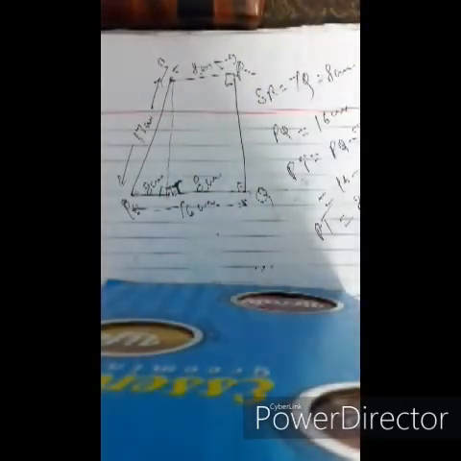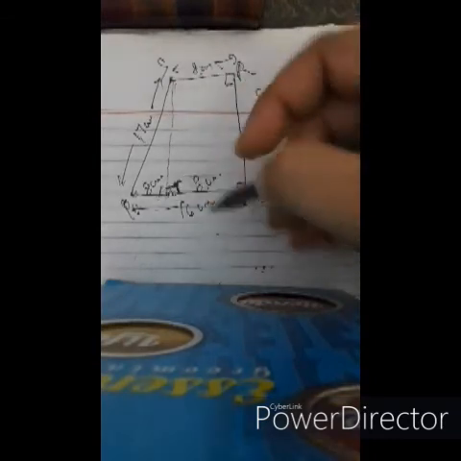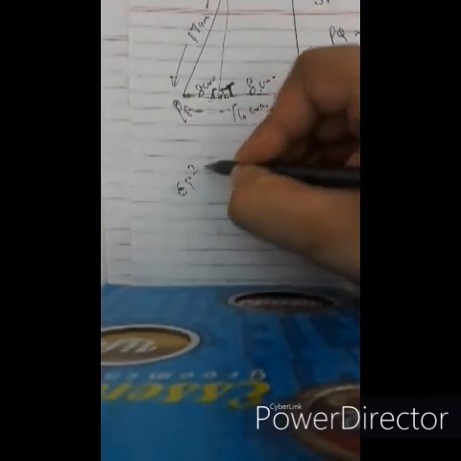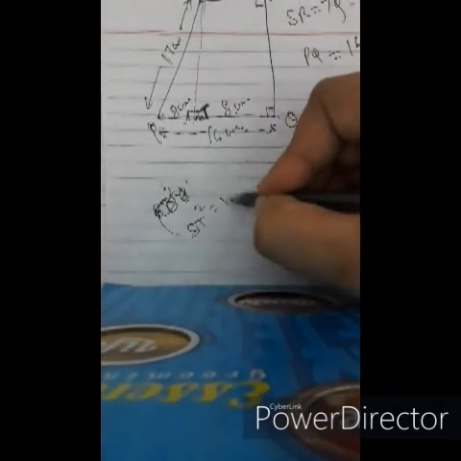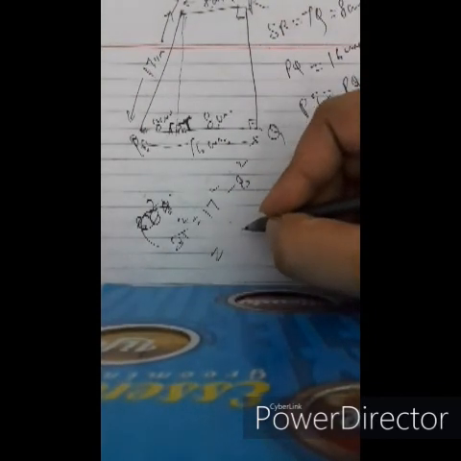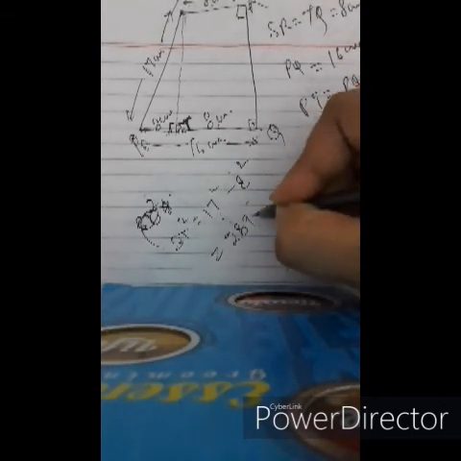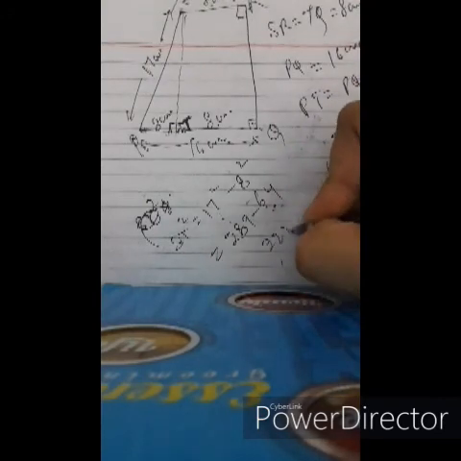Now by applying Pythagoras theorem, since this is a right angle, ST square equals 17 square minus 8 square, which becomes 289 minus 64, that is 225.